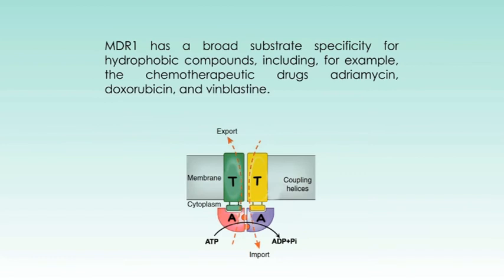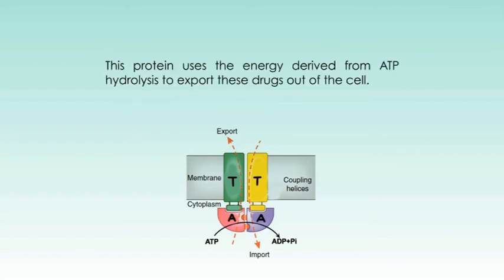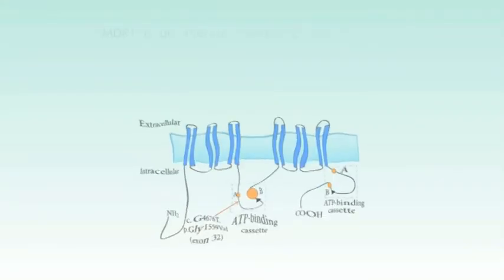MDR1 has a broad substrate specificity for hydrophobic compounds, including, for example, the chemotherapeutic drugs adriamycin, doxorubicin, and vinblastine. This protein uses the energy derived from ATP hydrolysis to export these drugs out of the cell. Thus, it prevents their accumulation within a tumor and blocks their therapeutic effects.